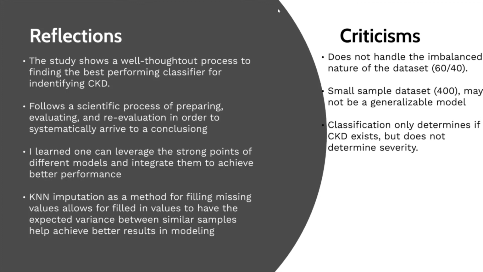In the future, perhaps a much bigger data set will help achieve better performance. Finally, the model only classifies the existence of CKD, but it does not help determine the severity of the disease. In the future, perhaps a different model could be used to determine severity.